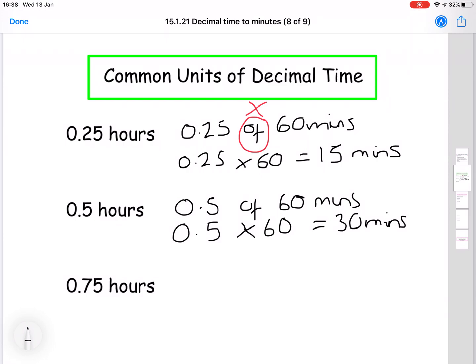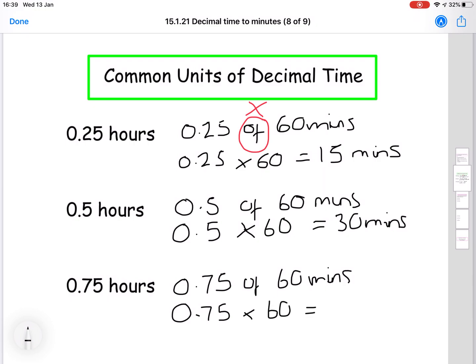The final one here, we've got 0.75, so 0.75 of 60 minutes. That would become 0.75 times 60, so that would give you 45 minutes if you use your calculator.